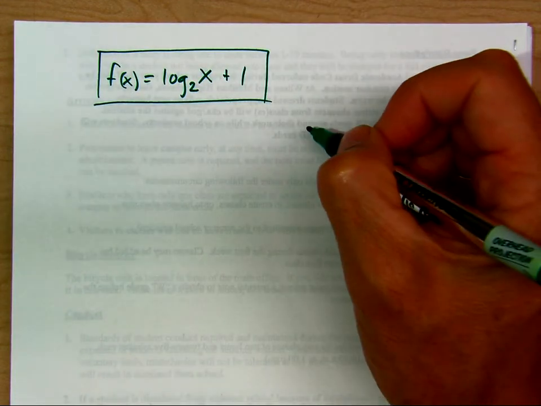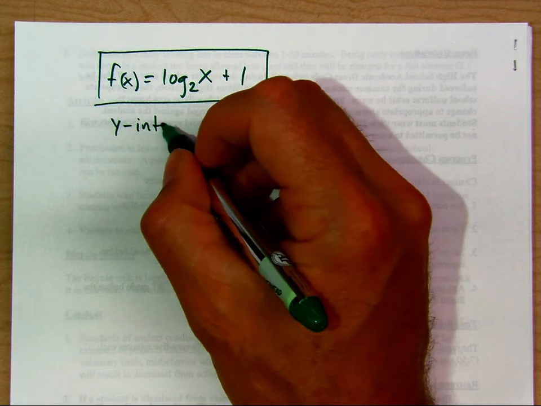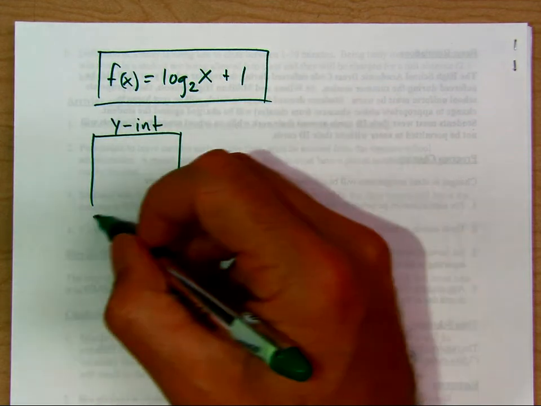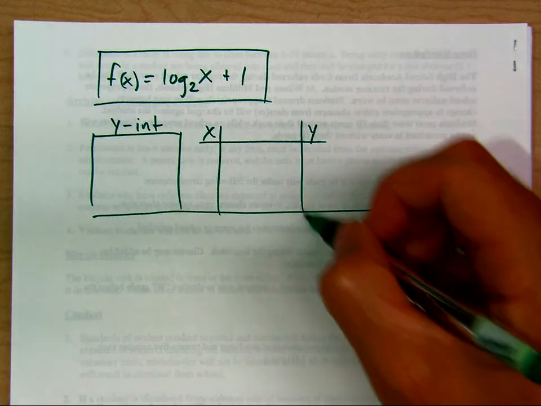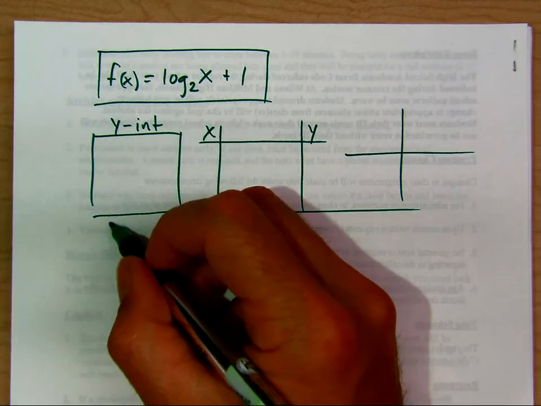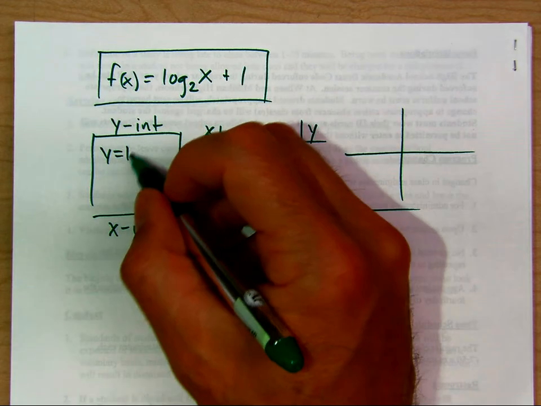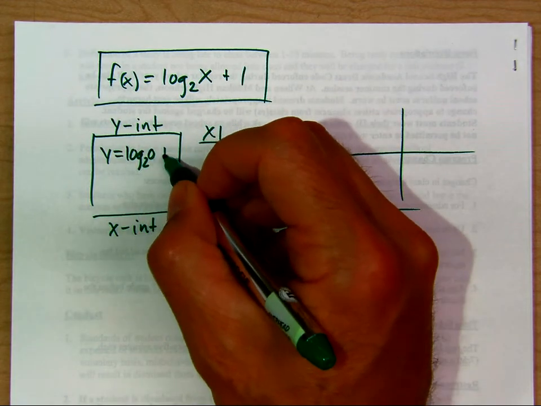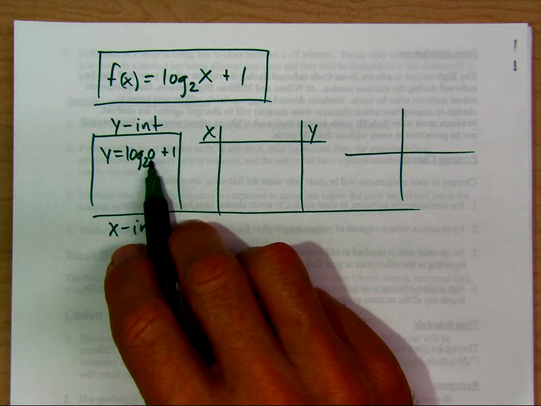And graph that. Pause the video. The y-intercept, we have log base 2 of 0 plus 1. Find the exponent of 2 that gives you 0. Well, there is no exponent of 2 that gives you 0. This is undefined.